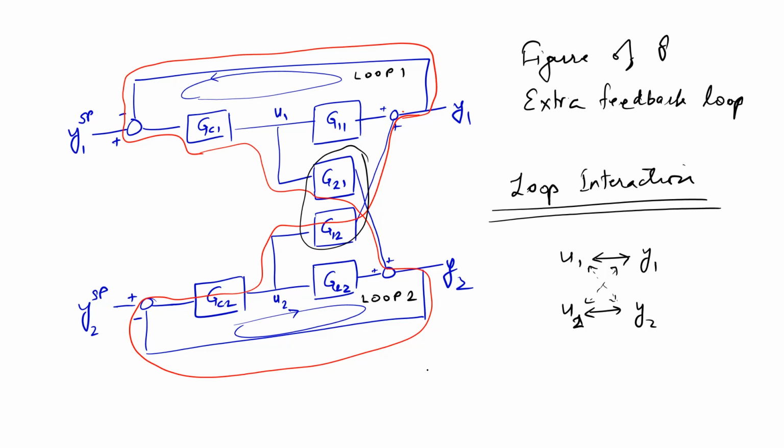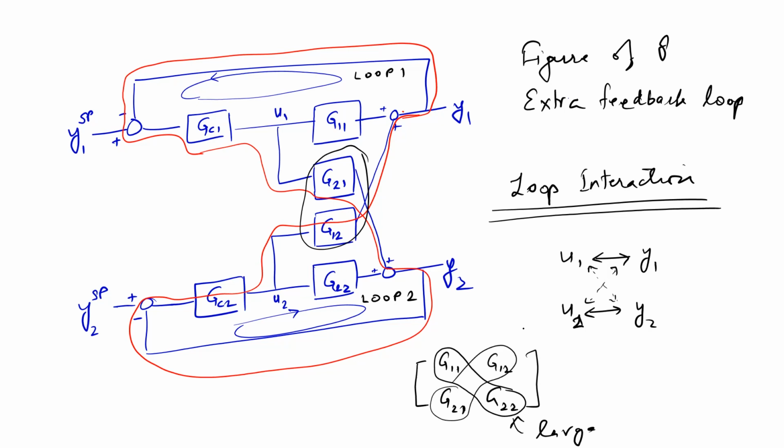Similarly, in our process transfer function matrix, G11, G12, G21, G22, we want to choose our y1 and y2 such that the diagonal terms are large, the gains are large, and the off-diagonal terms are small. So you get a diagonally dominant pairing.